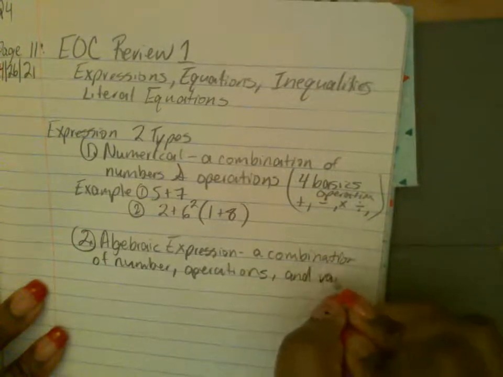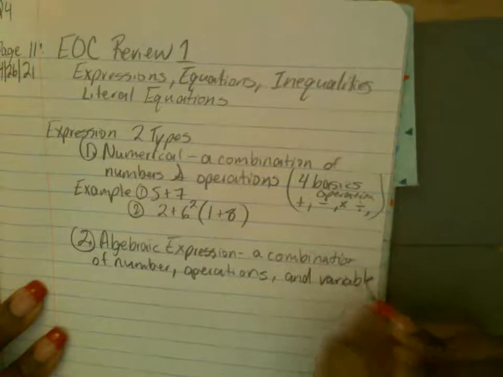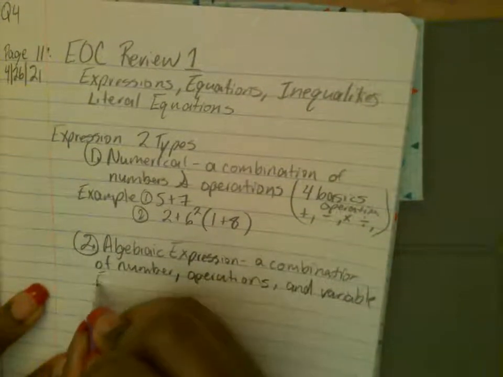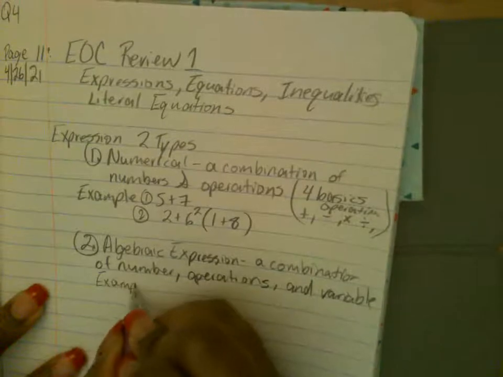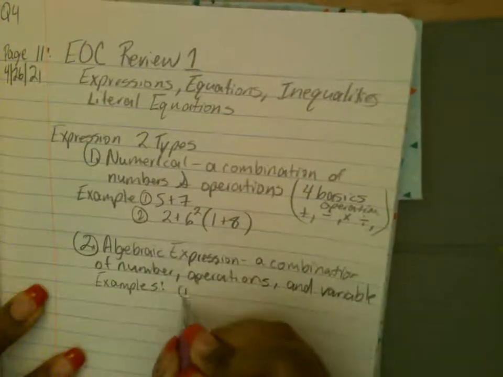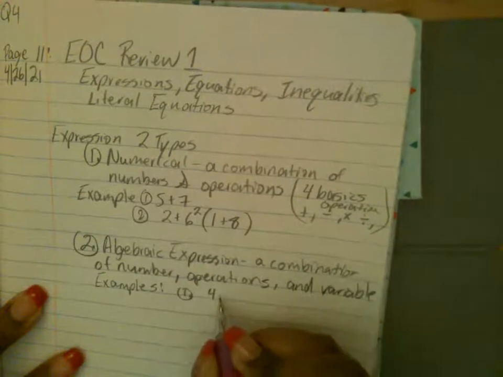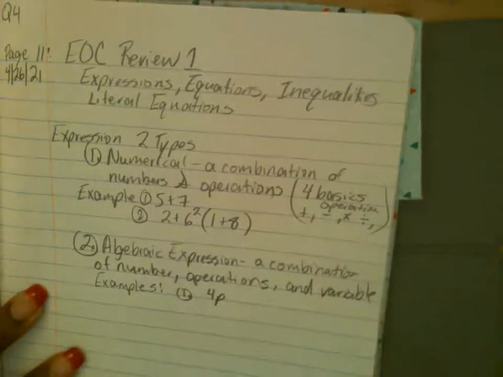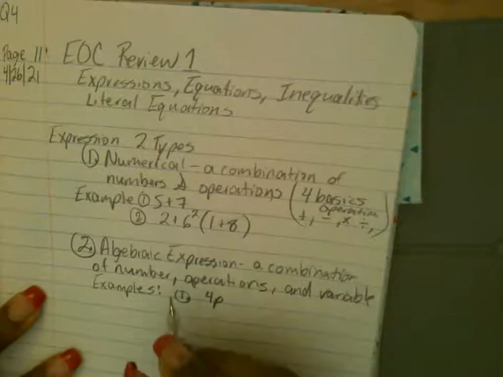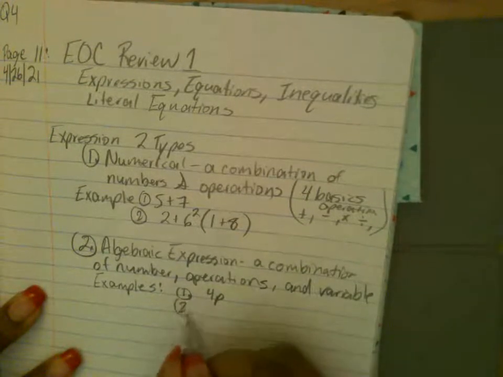A variable is a letter that represents a number, an unknown, right? So examples of what they look like, it can be very simplistic. You can just have 4p, a number and a variable. Just very simple. That could be algebraic expression, or it could be even longer than that.